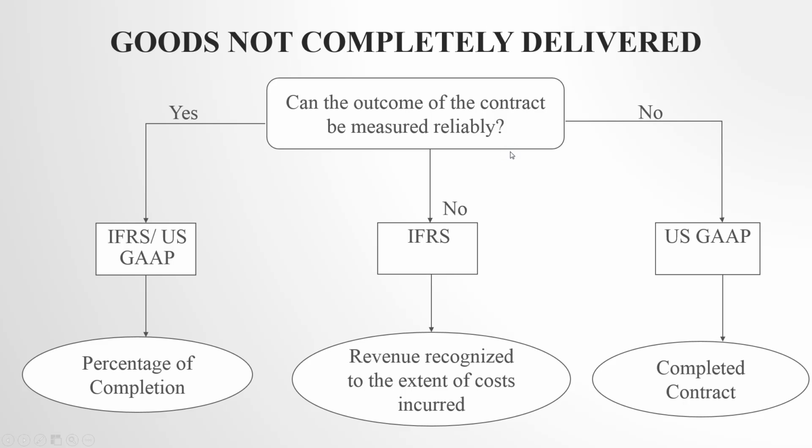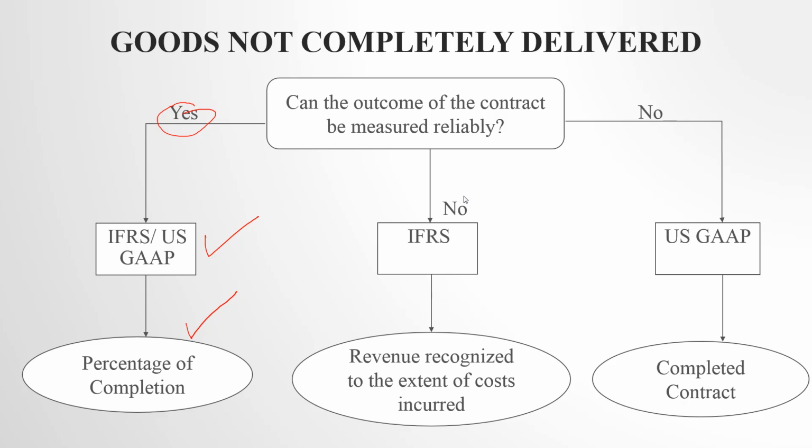Are we able to estimate the total cost required to complete the contract? If the answer is yes, then under both the IFRS and the US GAAP, we use the percentage of completion method. We'll go over this method very shortly.